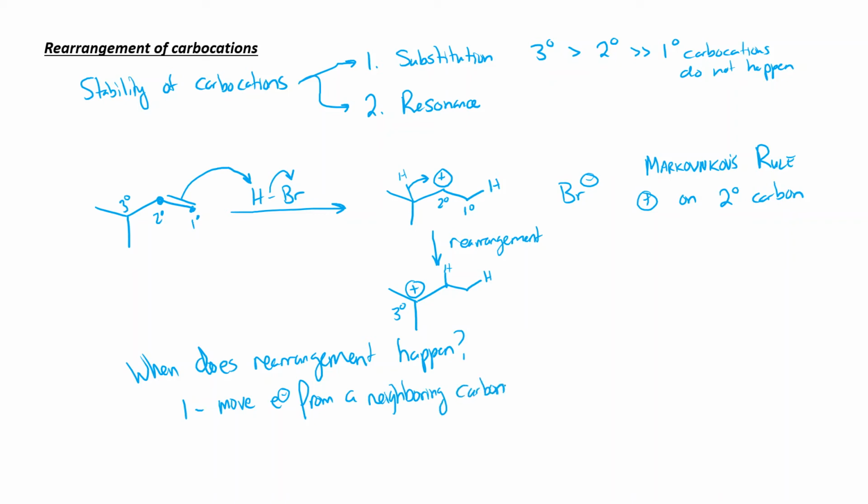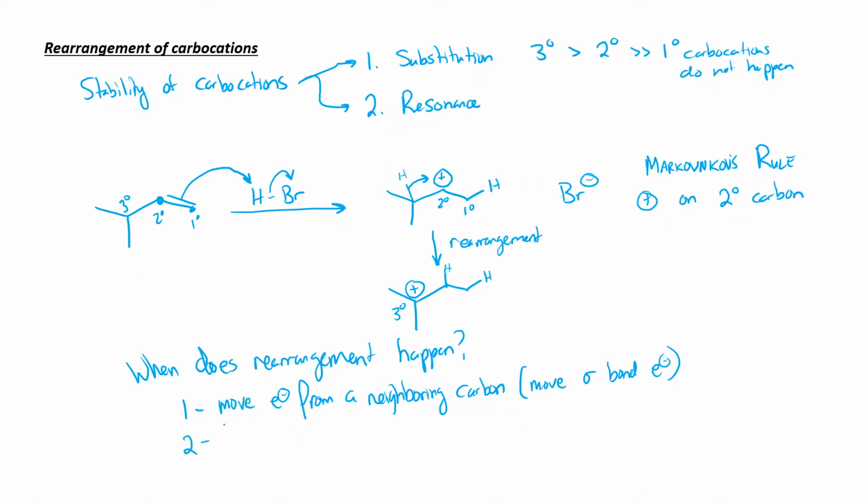We can't move electrons from all the way across the molecule. It has to be from a neighboring position. And we're always going to move sigma bond electrons. So in this case, we move the CH sigma bond from the tertiary position to the secondary position. So we'll always be moving sigma bond electrons from a neighboring carbon.